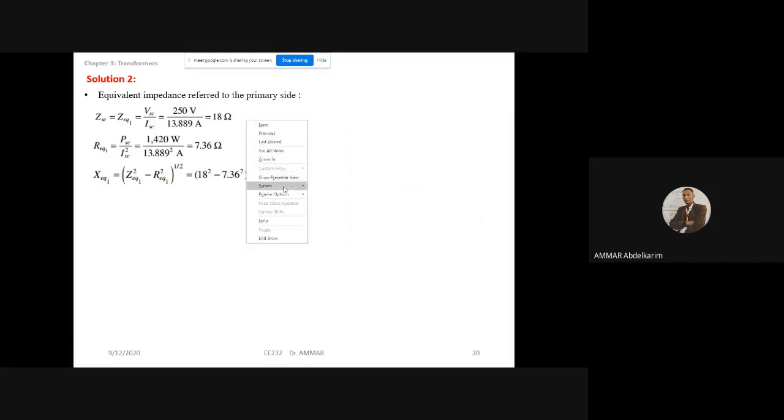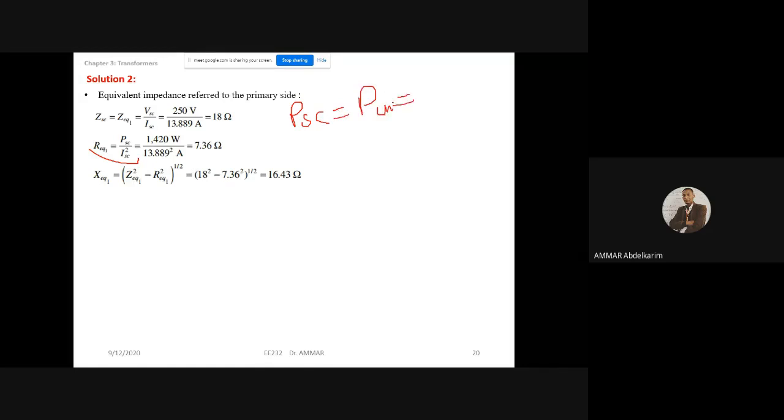Also, after determining Z equivalent, we determine R equivalent. We know that the short circuit power equals to the copper losses, and these copper losses equal to I short circuit square times R, which is R equivalent.